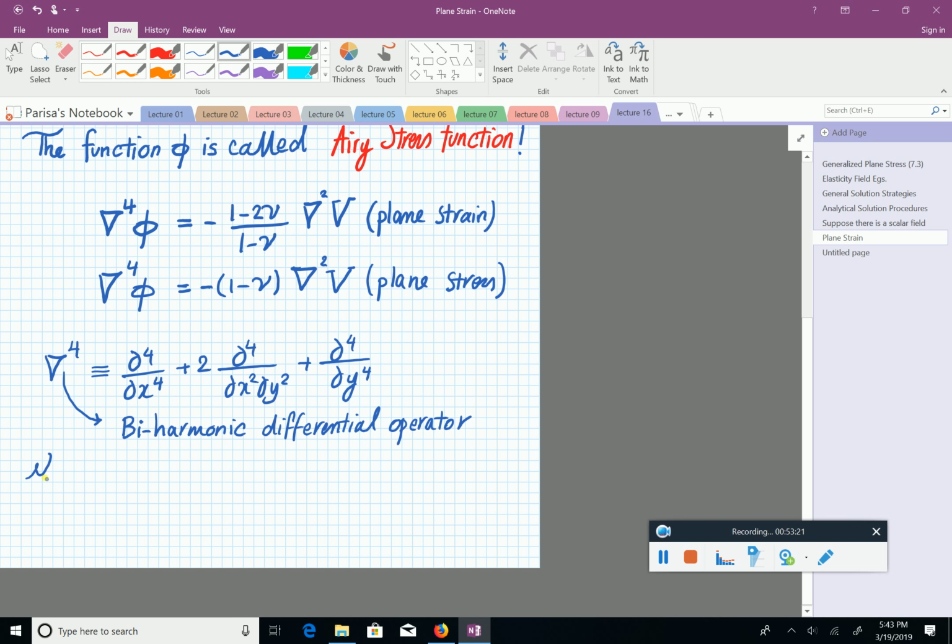Now, if f is equal to 0, if we don't have any body forces, so we can ignore the right hand side, it will be 0, right? There will be no body forces. So in either case of plane stress and strain, the equation becomes very simple. It becomes just this. And this is called the biharmonic equation.